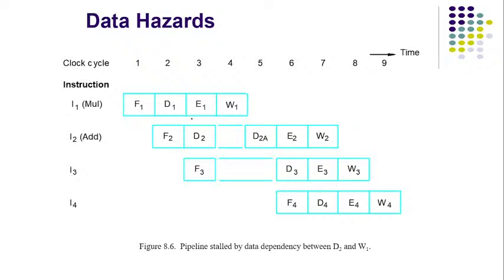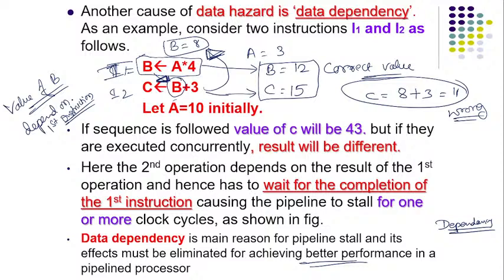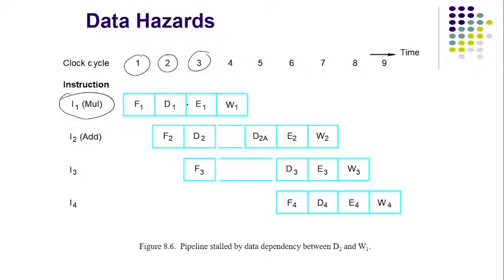So here, the same example, you can observe, clock cycles are there, then instruction I1. The same instruction here, that is a multiplication instruction, right? So here the first instruction is multiplication instruction. It is fetched in the first clock cycle. In the second clock cycle it is decoded, and at the same time the second instruction is fetched.